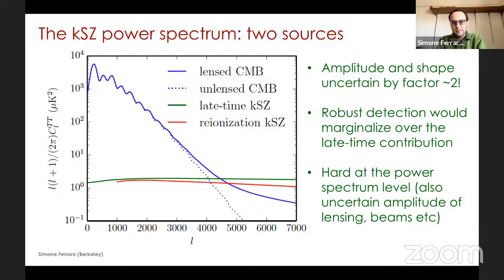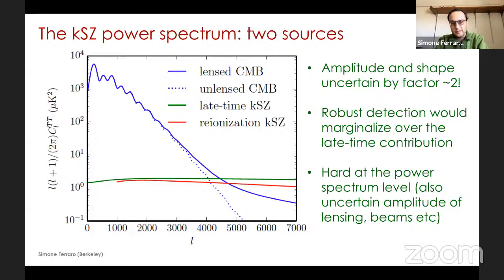At the power spectrum level, both are uncertain, but they both look fairly featureless, and depending on the simulation there's a bit of scatter, but they look fairly similar with similar amplitude. Moreover, they are degenerate with foregrounds as well, such as tSZ, CIB, etc.